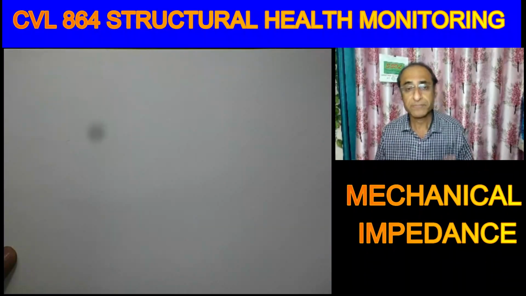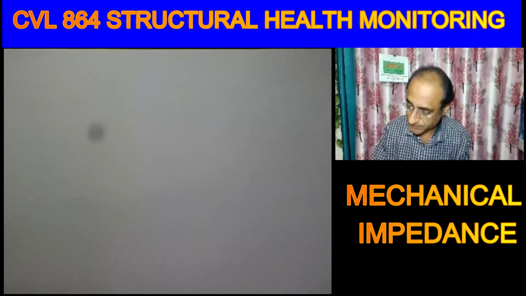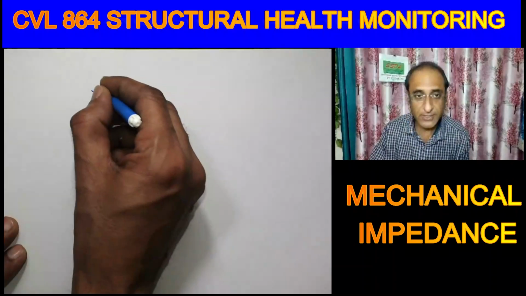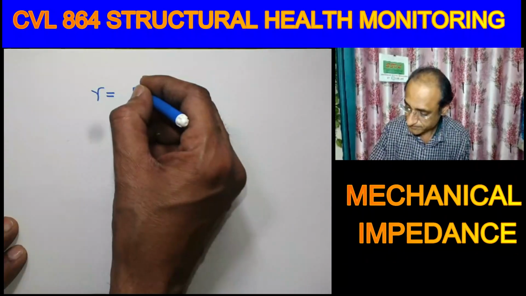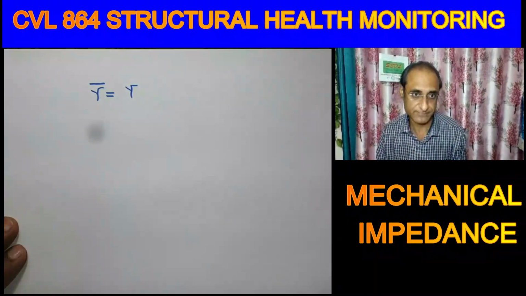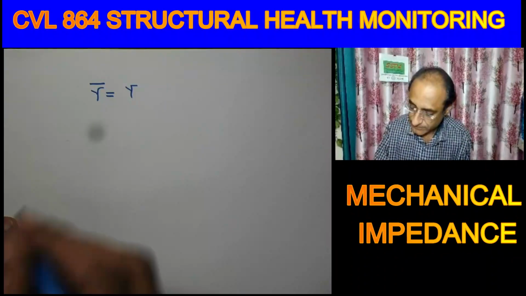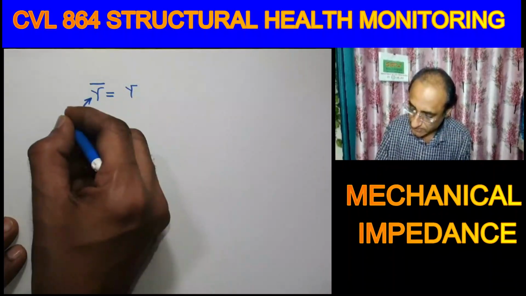Whenever we have a dynamic situation, the dynamic Young's modulus will be higher. So we represent the Young's modulus like this, using a term with a bar. Any term with a bar indicates that it's the complex or dynamic Young's modulus.